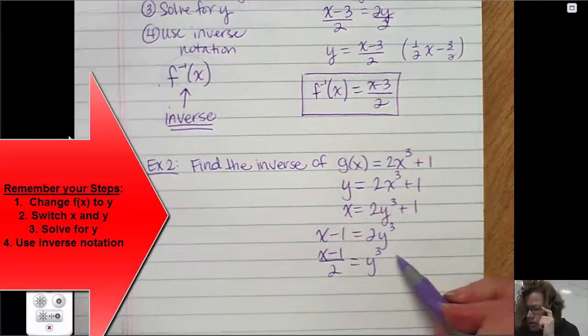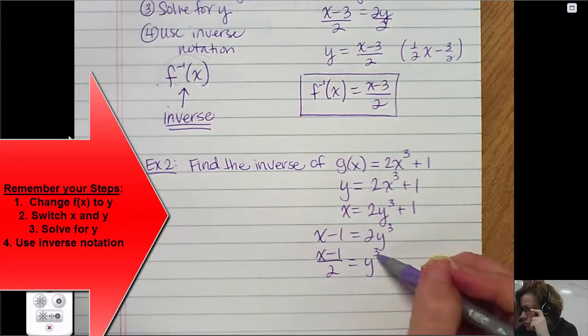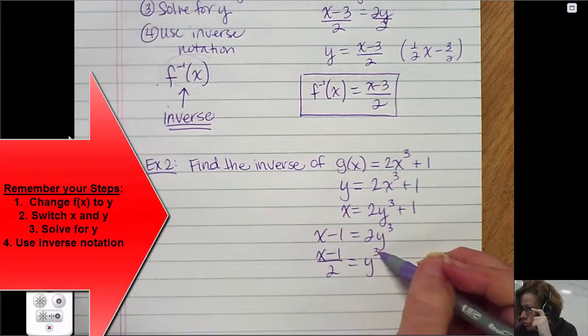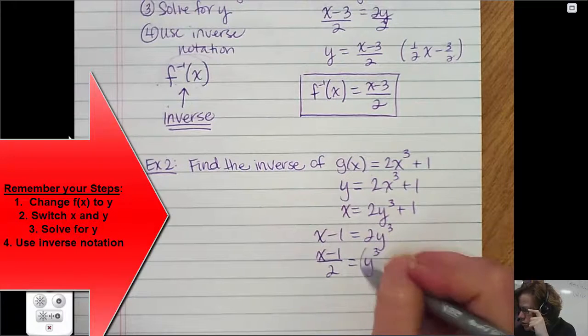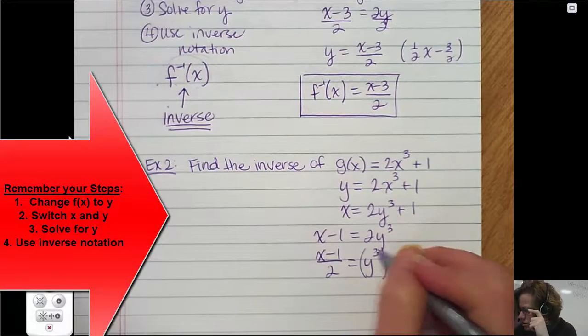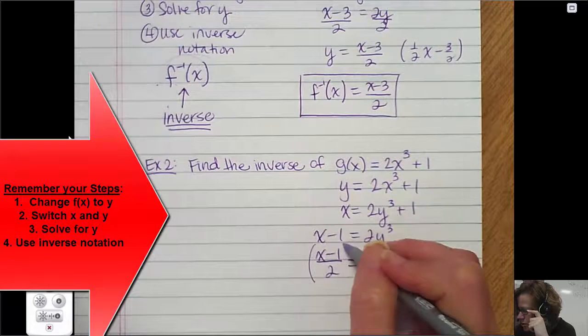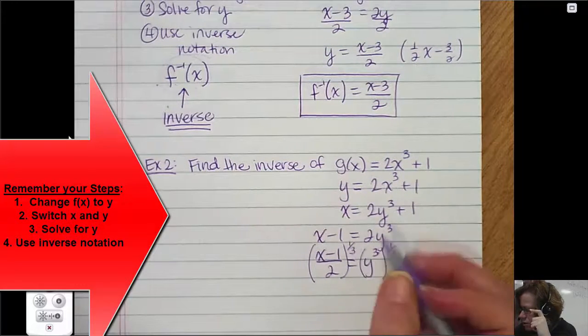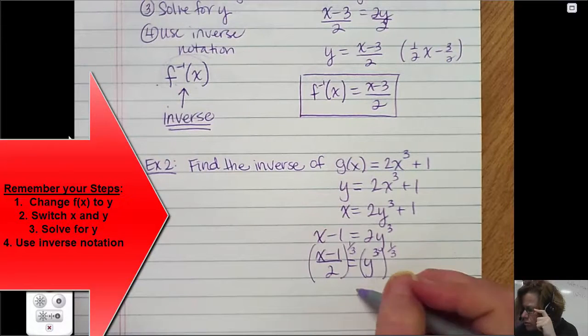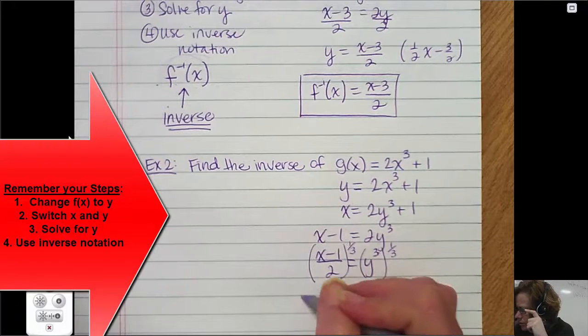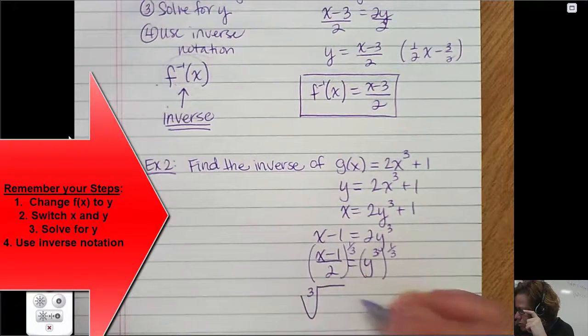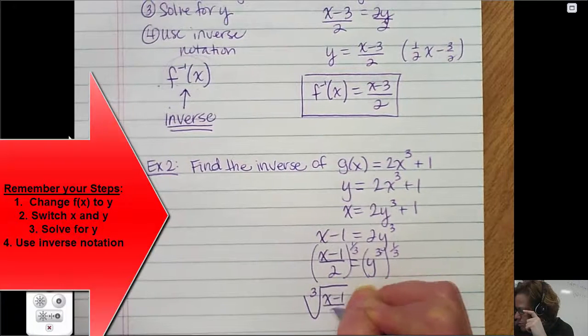And I need to undo this cubing. Well, to undo cubing, you cube root. You can think of that again with our new exponent rules as raising this to the 1/3, which means cube root. What we do to one side, we do to the other. We will prefer, for graphing reasons, to write this as a root. So this is the cube root of x minus 1 over 2.